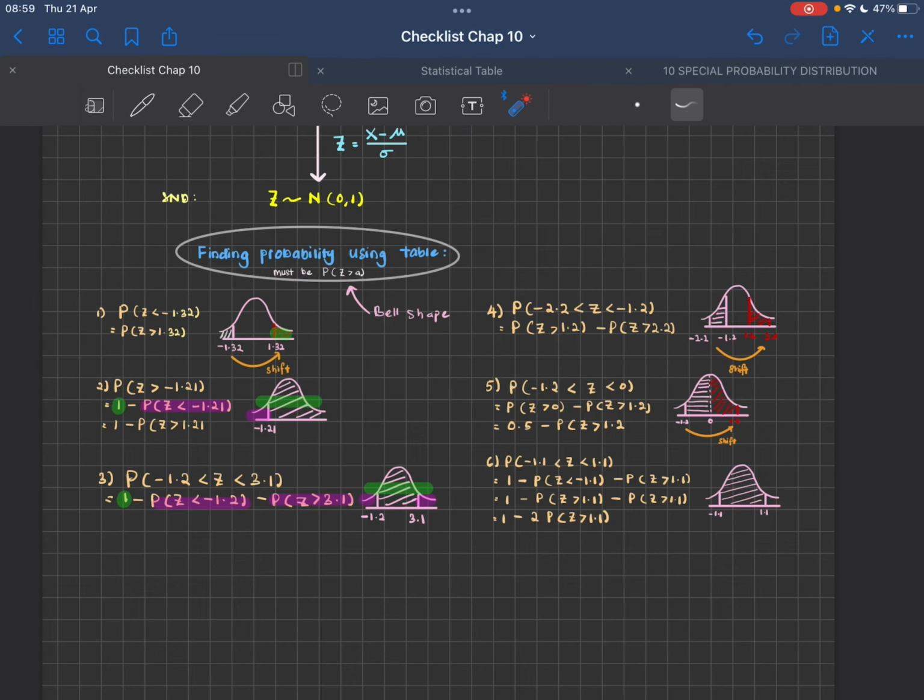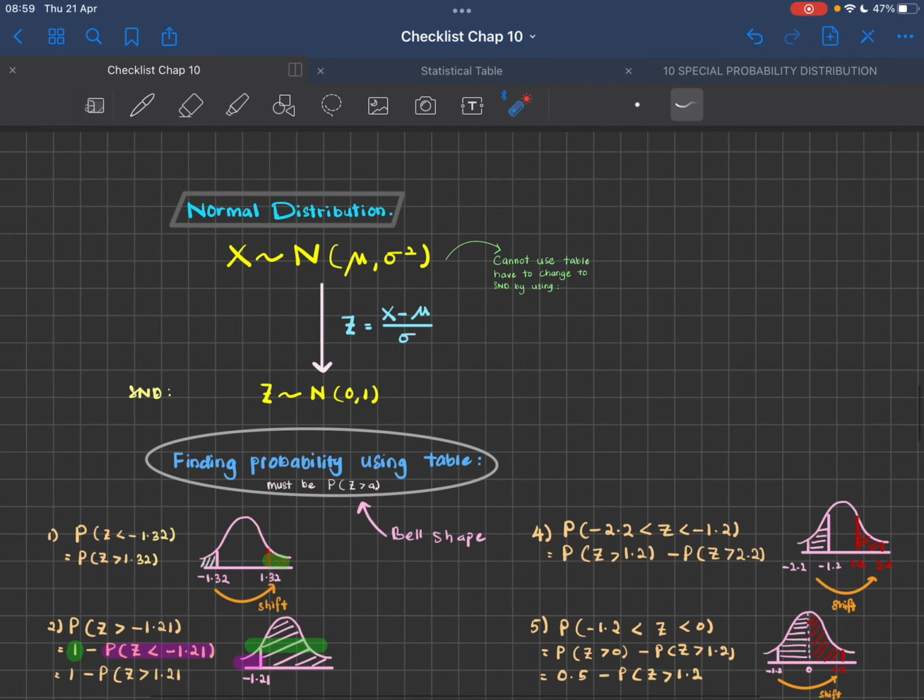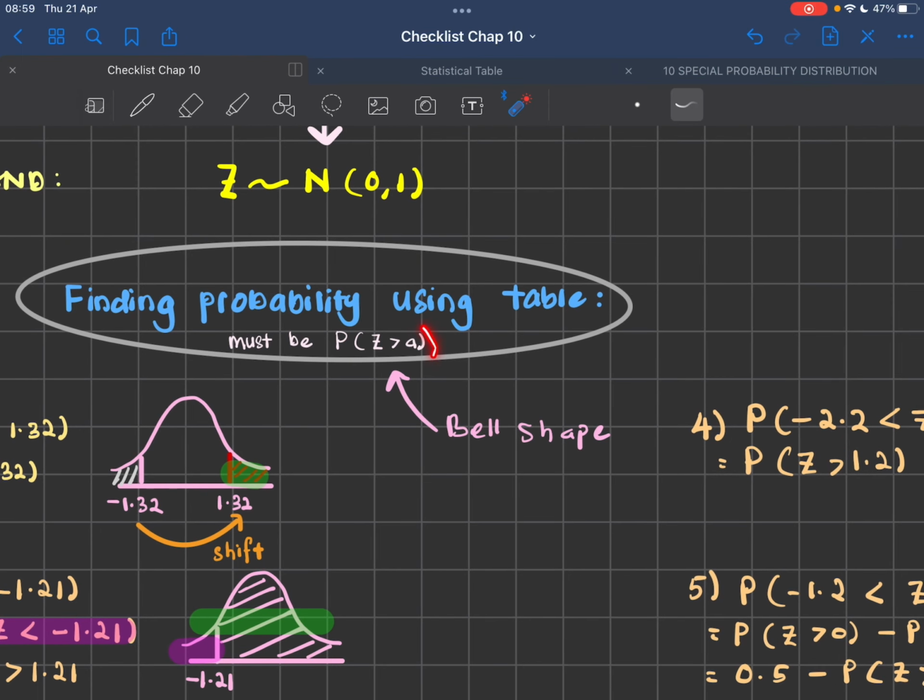So let's do a checklist here. Here is your normal distribution. If you want to use your table, we have to change to standard normal distribution. How? We have to change our X to Z, with the formula X minus mu over sigma. And if you want to use the table, the probability has to be greater and equal.